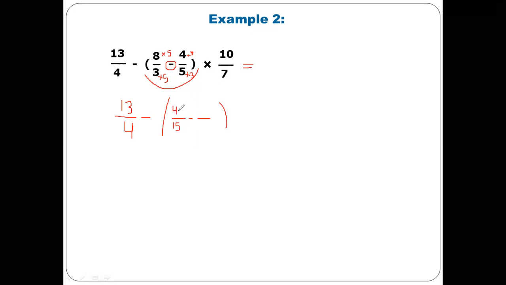So 40, 12 out of 15. Of course, I have to copy the rest of the expression.